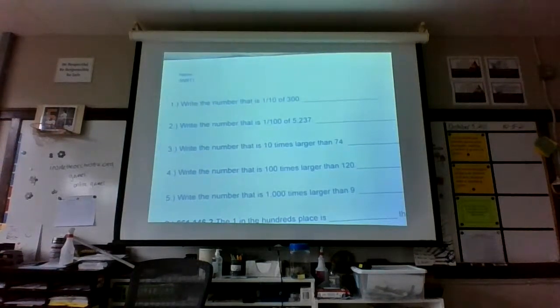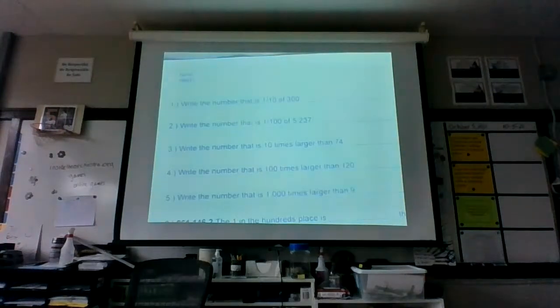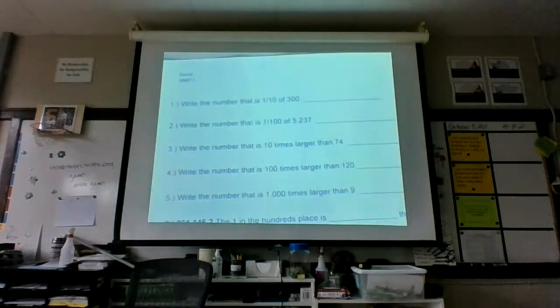When we take a look at our worksheet, we're going to call this a mixed practice worksheet because we're going to work on two things. We're going to work on finding a fraction of something, and we're also going to work on comparing the value of a decimal, which is what we've been working on.